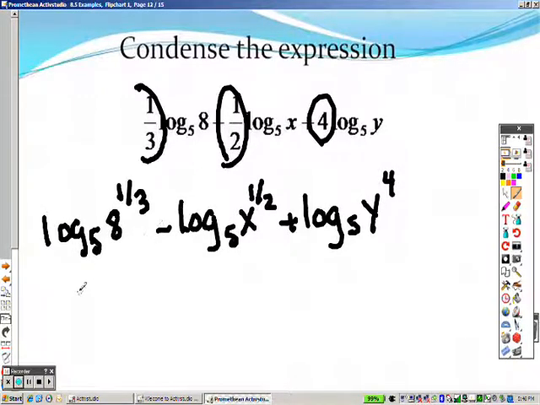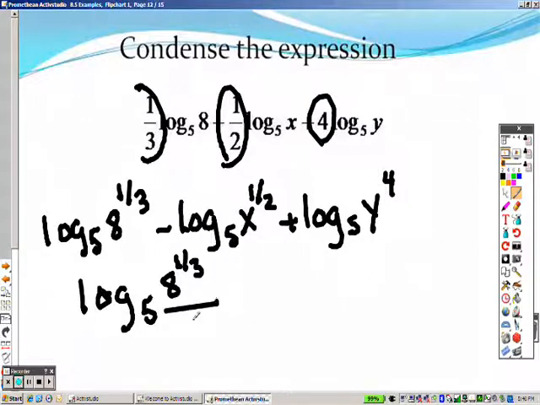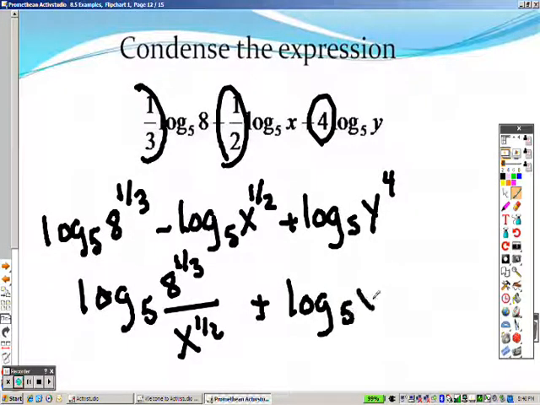Alright, that's division. So when I combine those, that's subtraction, so it's like division. So it's saying 8 to the 1/3 over x to the 1/2 plus log base 5 y to the 4th.